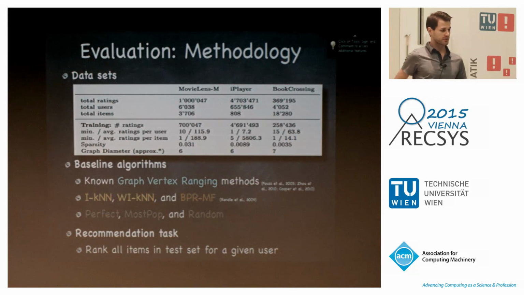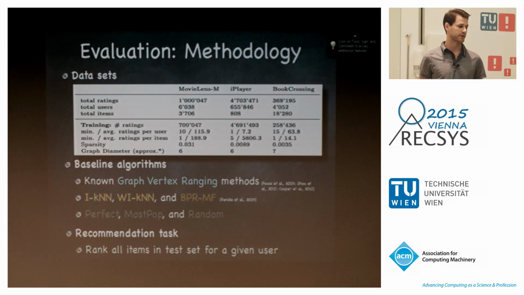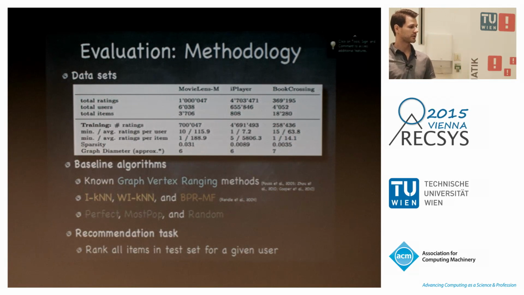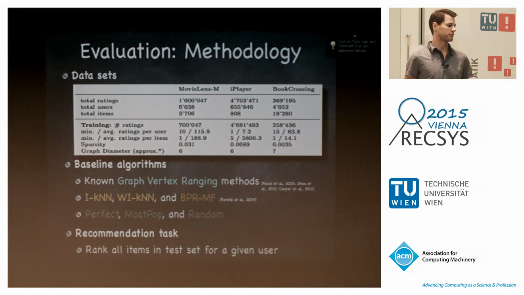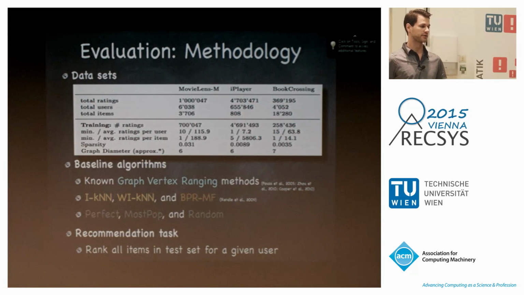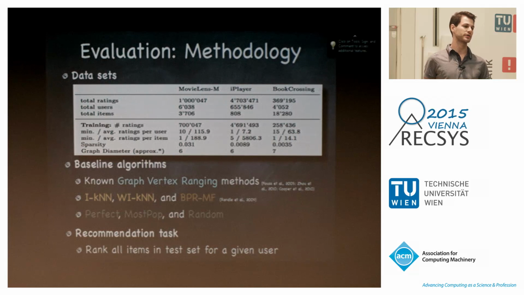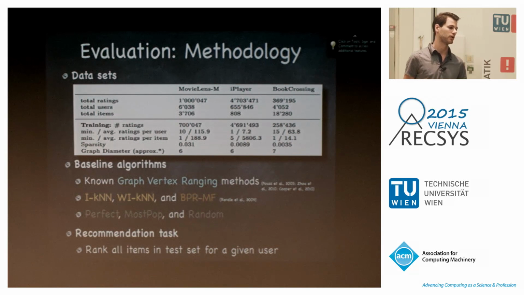We compared our procedure against 3 different types of baseline algorithms. We considered a couple of other graph vertex ranking algorithms that have been previously introduced. And we also considered 3 more standard approaches: on one side, a k-nearest neighbor procedure with cosine similarity, and a matrix factorization procedure called PPRMF, introduced by Randall and colleagues in 2009.